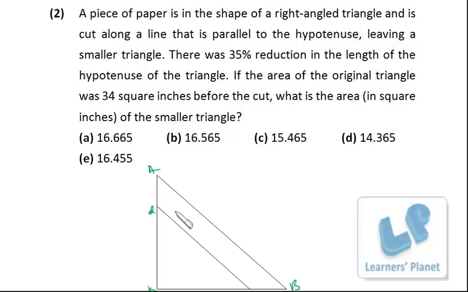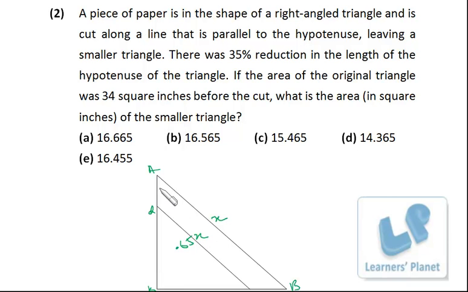Now if the two triangles are similar, their areas are in the ratio of the squares of their sides, right? There was a 35% reduction in the length of the hypotenuse. Suppose this is the length x, then with a 35% reduction, it is 0.65x, right?